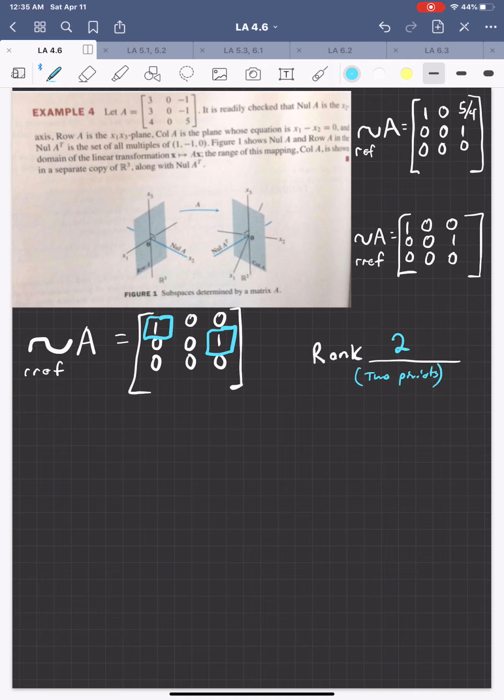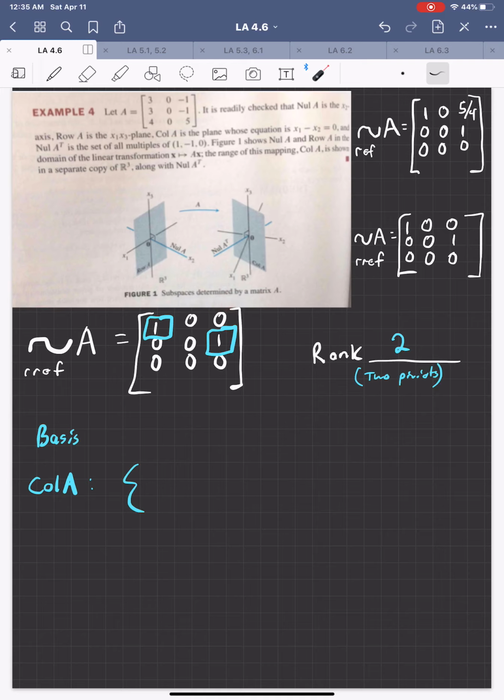Okay, let's go ahead and find the basis. Let's go ahead and do the column space. All right. Well, there are two pivots, so column 1 is a pivot column, column 3 is a pivot column.